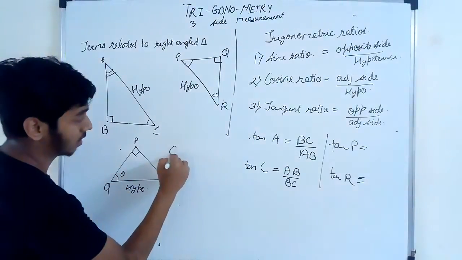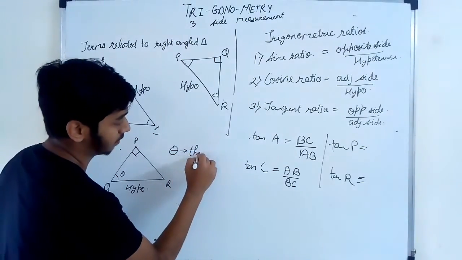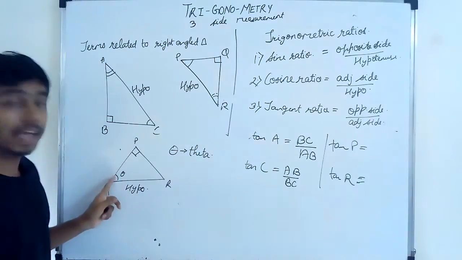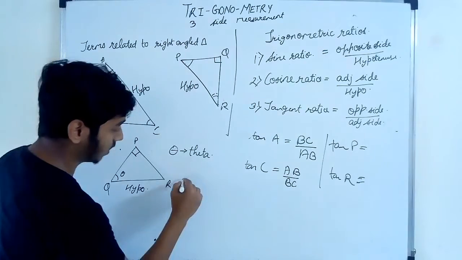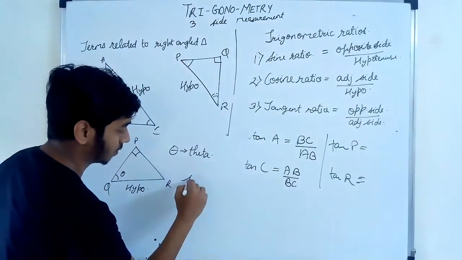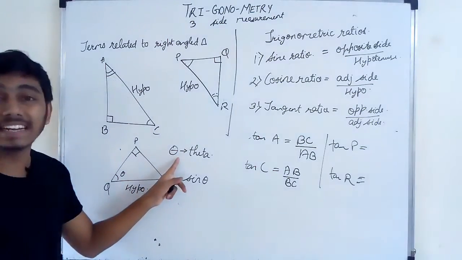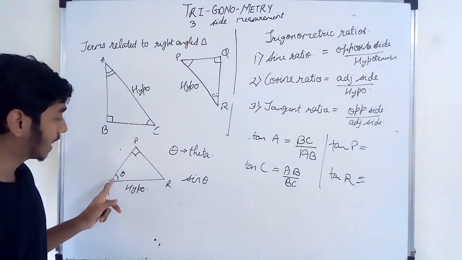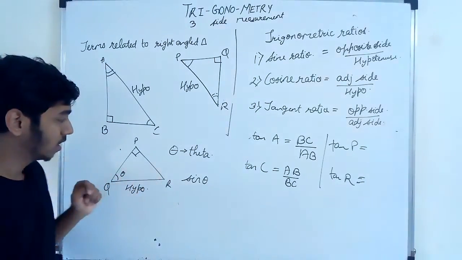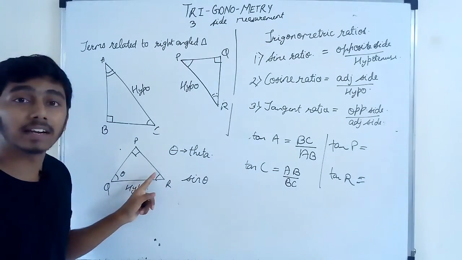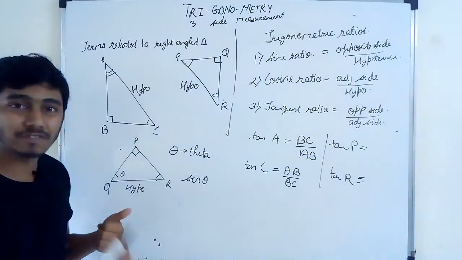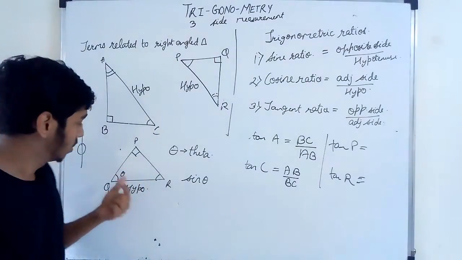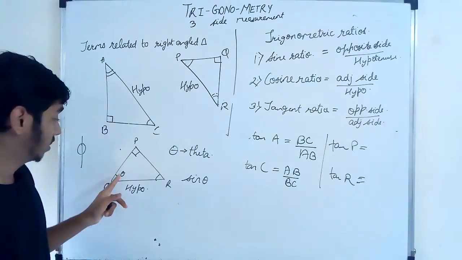We represent this angle Q with theta. We can represent this R with some other letter also, that is phi. Any other letter can be used. So we are representing this angle Q with theta.